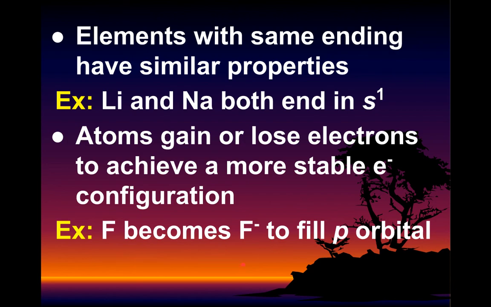This explains why fluorine has a valence of -1. Similarly, lithium and sodium want to lose that s1 electron so they can have a filled outermost orbital. If sodium loses that one, its electron configuration is going to end in 2p6, just like neon. And what that does is that gives it a stable electron configuration and a positive charge, Na+. That's why sodium has a valence of +1.